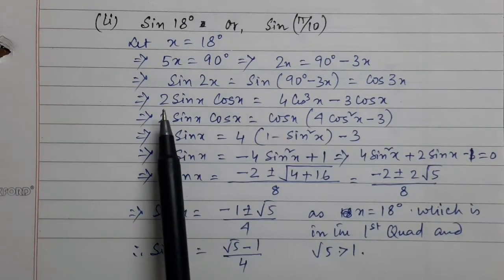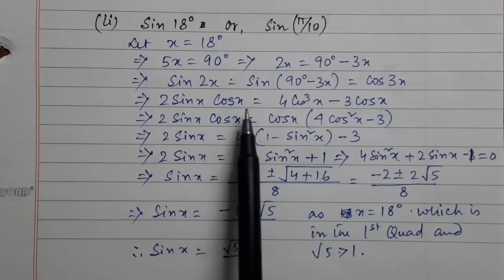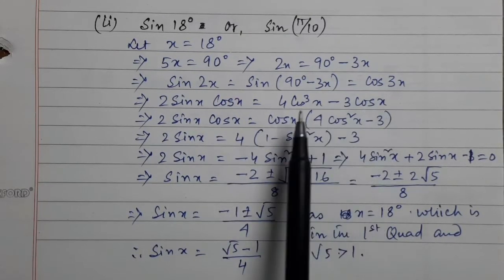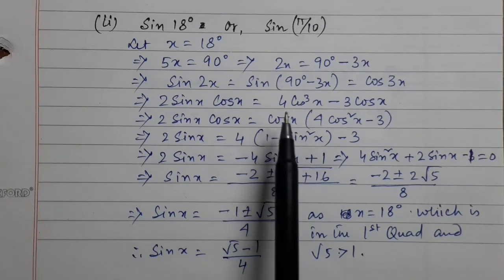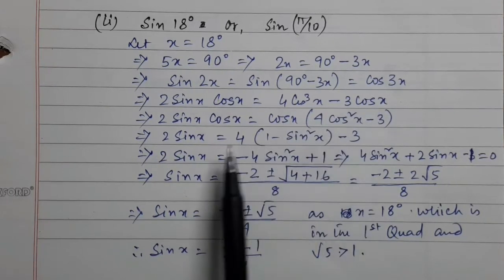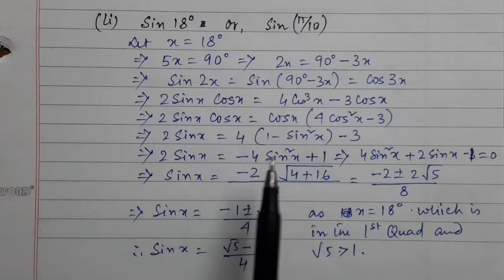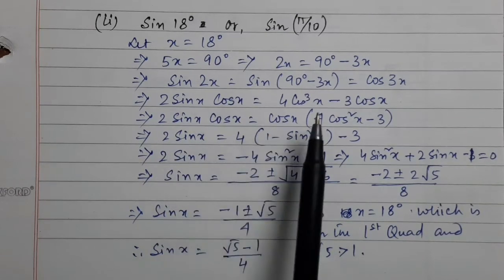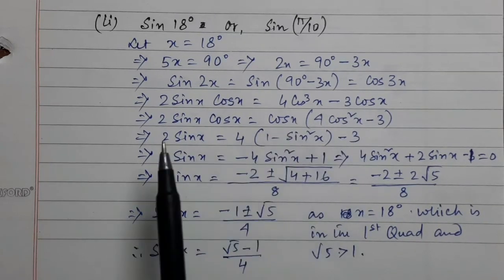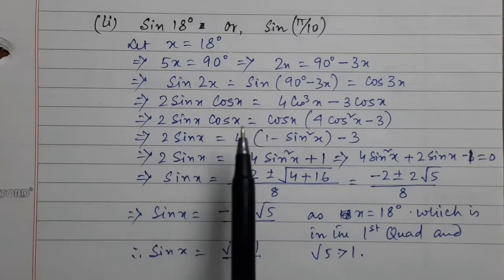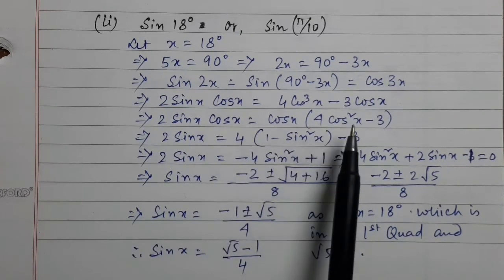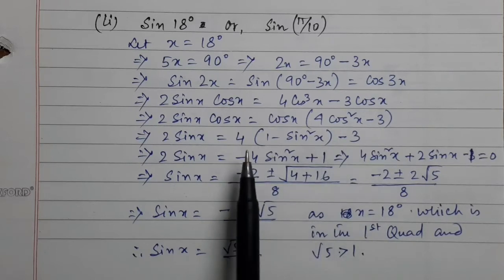Now sine 2x is equals to 2 sin x cos x. And cos 3x, we can use the formula of cos 3x, that is 4 cos cube x minus 3 cos x. Now here we can take cos x common. So it will be 2 sin x cos x equals to cos x into 4 cos square x minus 3.